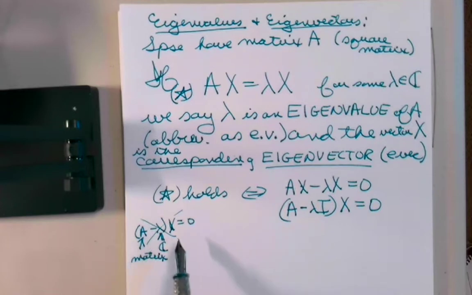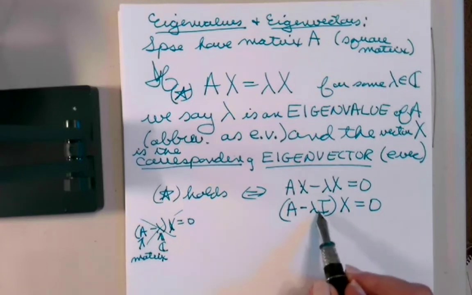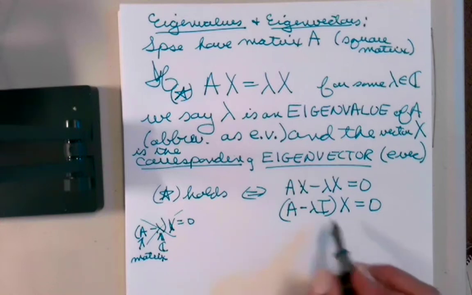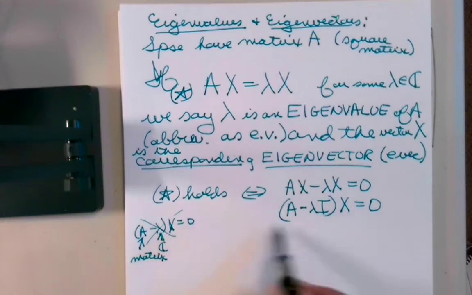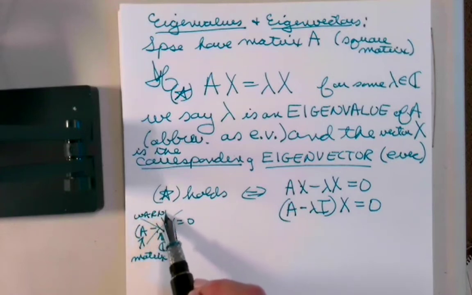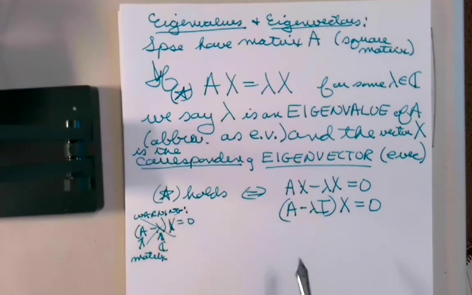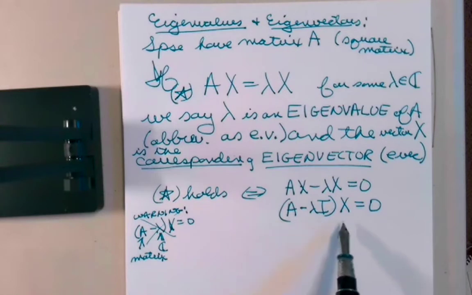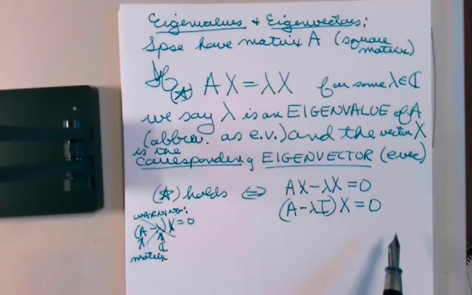So how can you make sense out of it? You put lambda times the identity matrix, and that's what you really mean. So this is just a warning: if you write that, you will lose points because it doesn't make any sense, okay? So star holds if and only if (A minus lambda I) X equals 0.